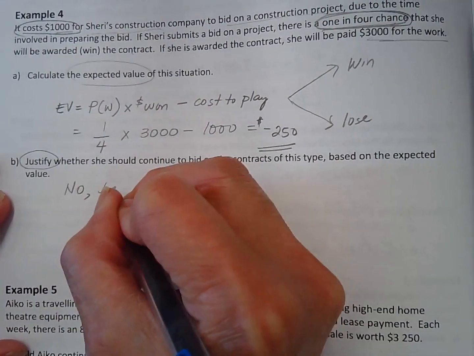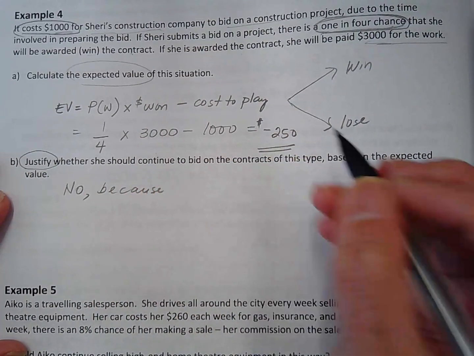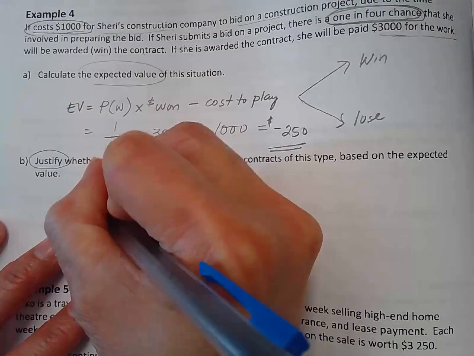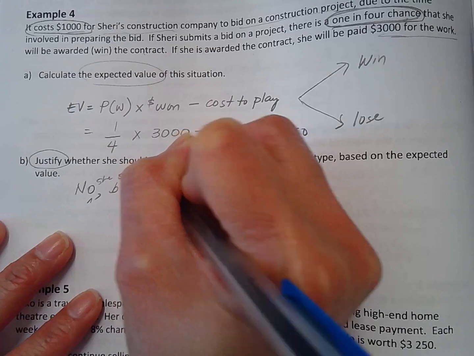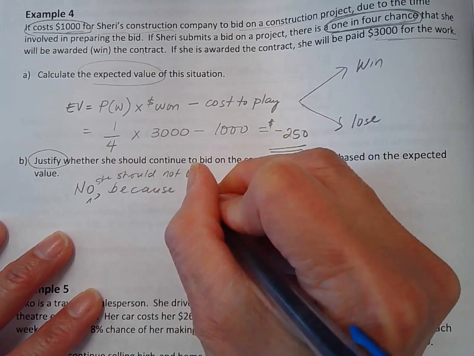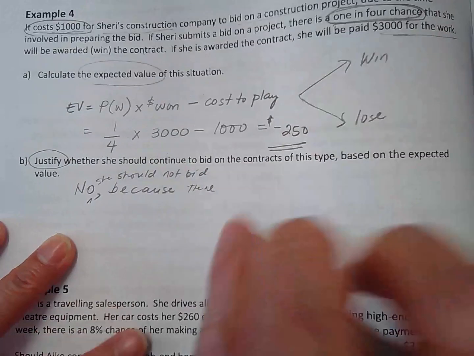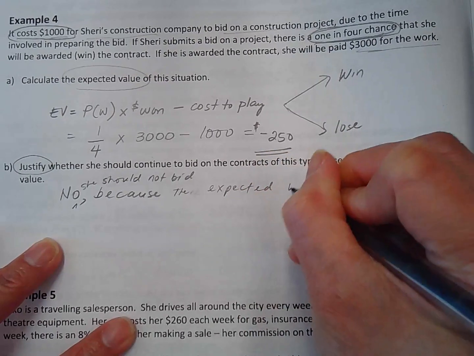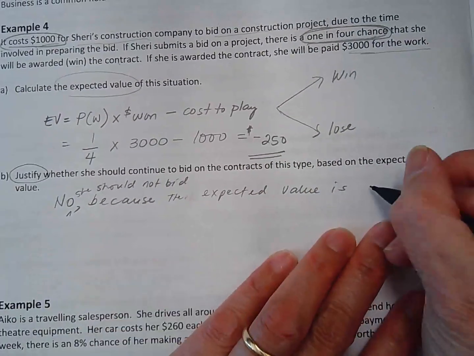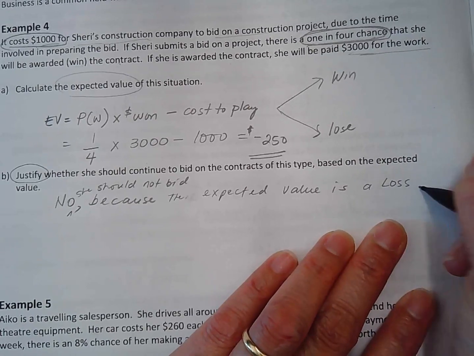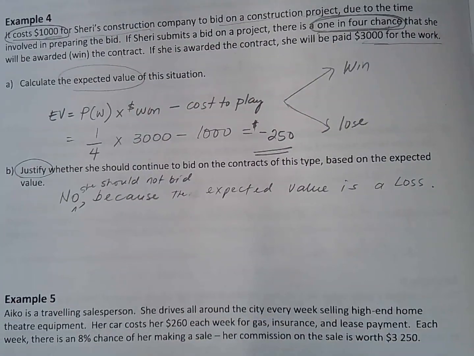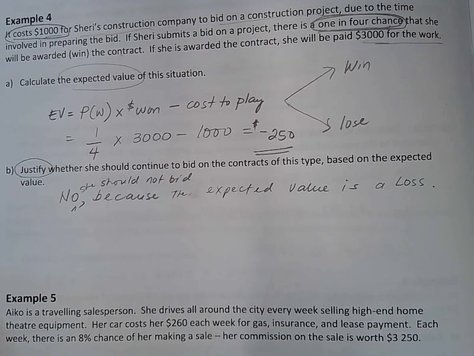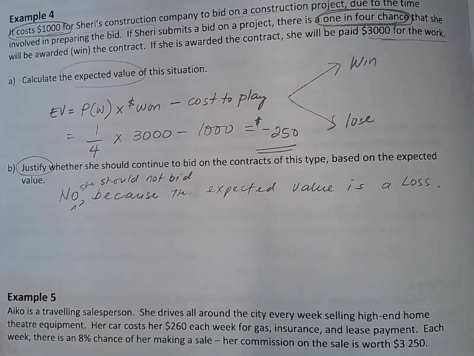No, because, okay, maybe no, she should not bid because the expected value is a loss. Okay, so she's expected to lose money. Okay, is that okay?